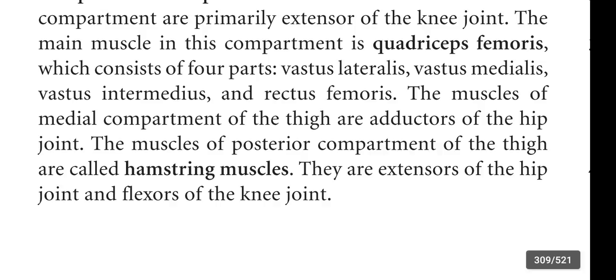In quadriceps femoris, 4 parts are there. What are the 4 parts? Vastus lateralis, vastus medialis, vastus intermedius, and rectus femoris. All are vastus and one is rectus femoris. Next, the medial compartment of the thigh: these are adductors of the hip joint.